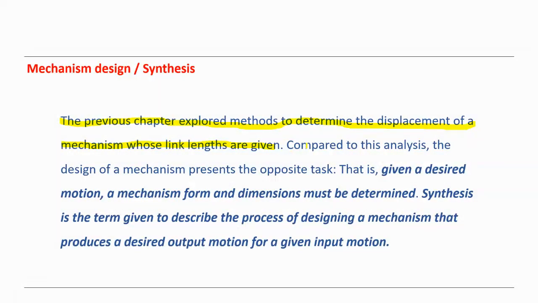So then, compared to this analysis, the design of mechanism presents the opposite task. So what is the opposite task? So we have to define the length of links. So that is, given a desired motion, that means the desired motion is given, and a mechanism form and dimensions must be determined.